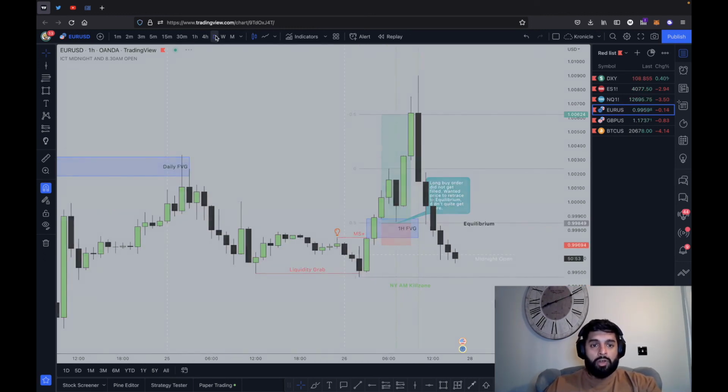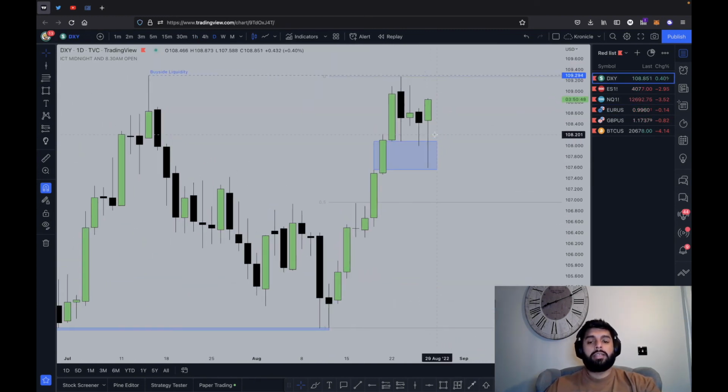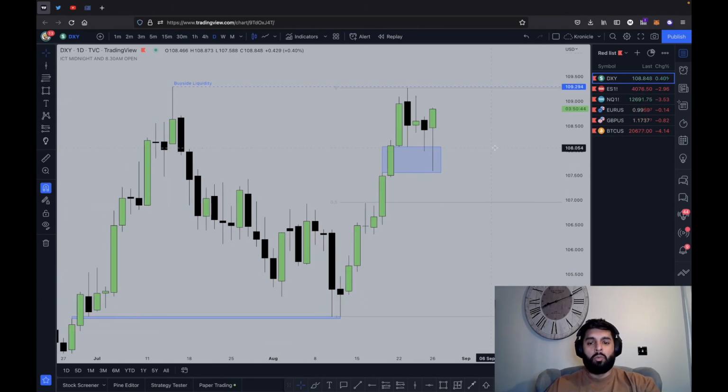And just before I finish, I want to take you to the dollar index chart and try, not to predict, but to think about what kind of price action we may see next week. What we've seen this week is that on the 23rd, price approached this previous high up here, this buy side liquidity area, and didn't quite tap into that buy side liquidity.